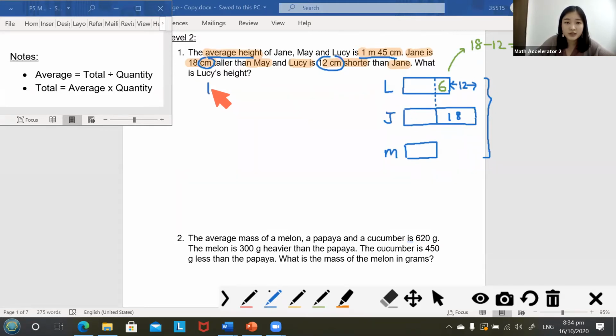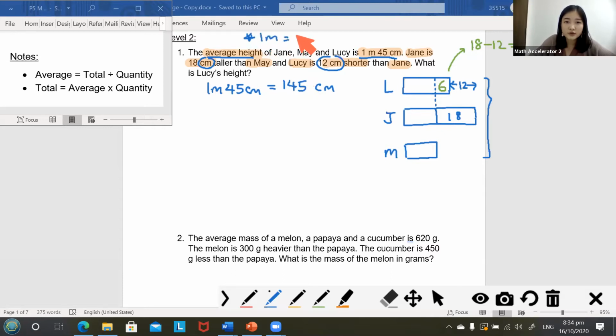So let's convert it to just cm first. Okay, so what do you have this in cm? Ah, 145, right? 1 meter is 100 cm. Okay, so if you don't know this, then your whole answer is wrong already. Okay, take note.